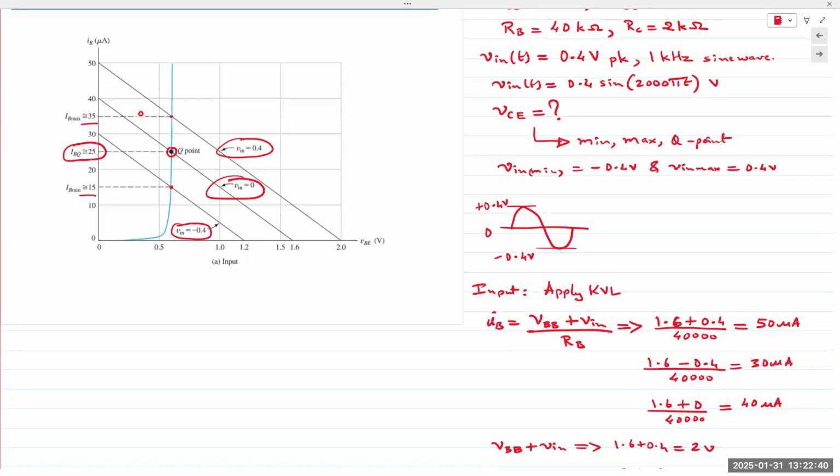Would not move much. We good so far? Any questions? Shall we go to the output side?